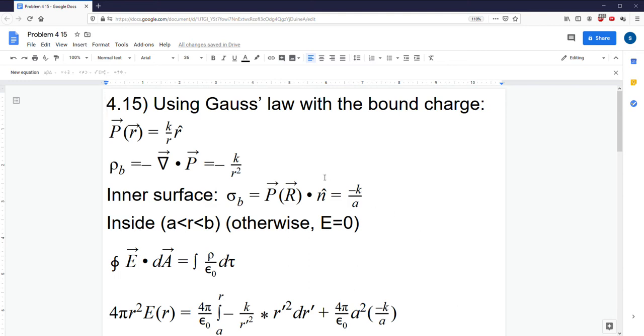There is the bound volume charge, which is the negative divergence of the polarization, and there is the bound surface charge on the inner surface, which at the distance A, which is the distance of the inner surface, is negative k over A. It is negative because the polarization points out, but the normal direction away from our region is inward.